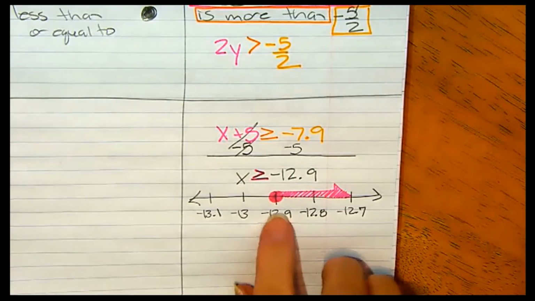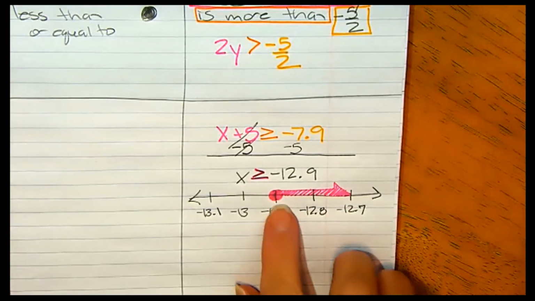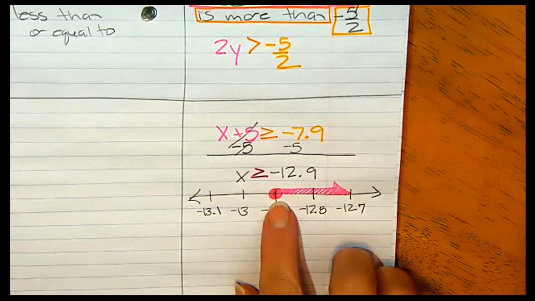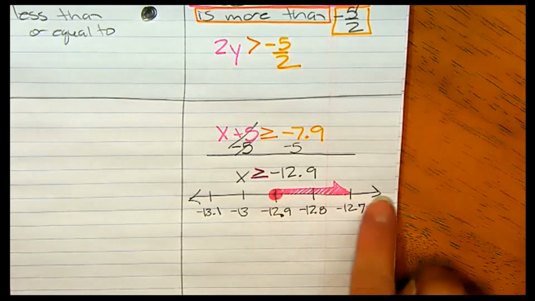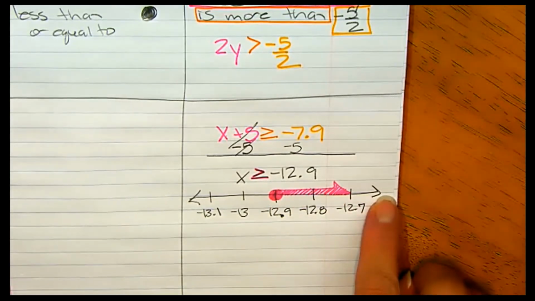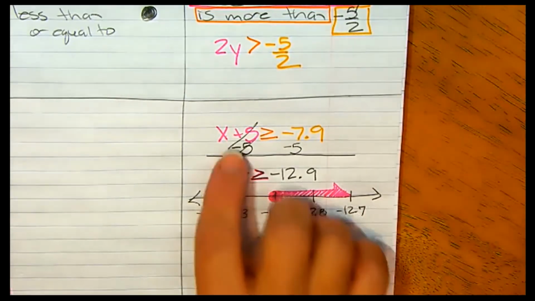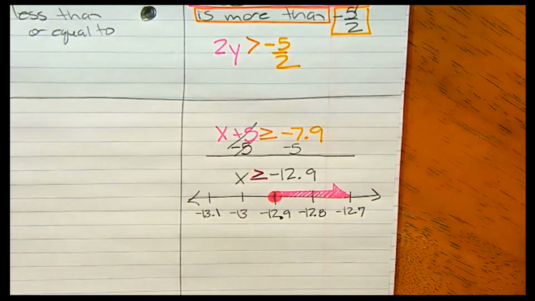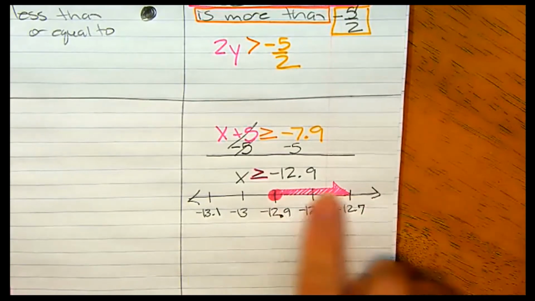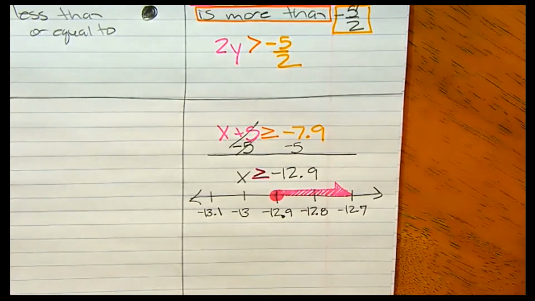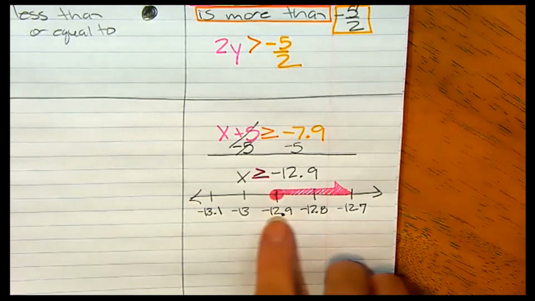So this means -12.9 is included in the solution, and everything to the right is also a solution for this inequality. So there's not just one solution, all of these are solutions, including -12.9.